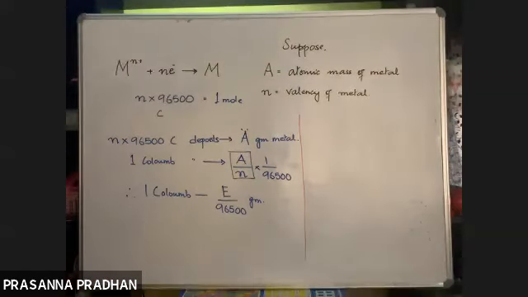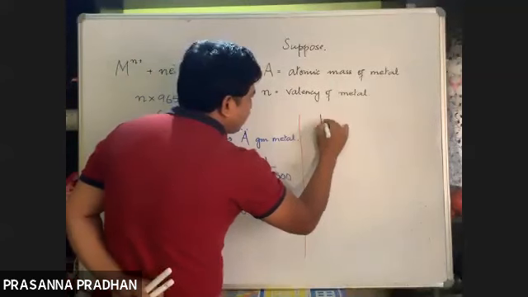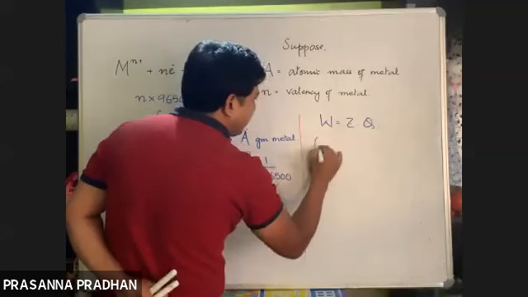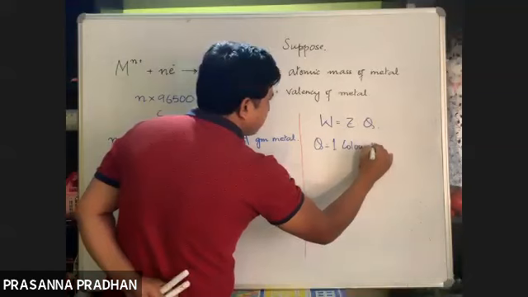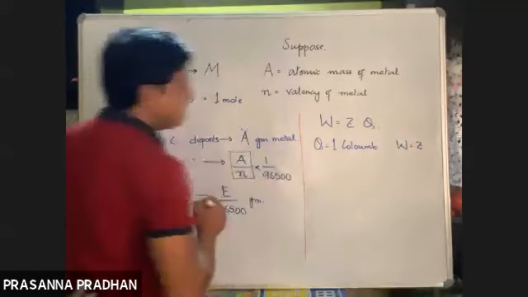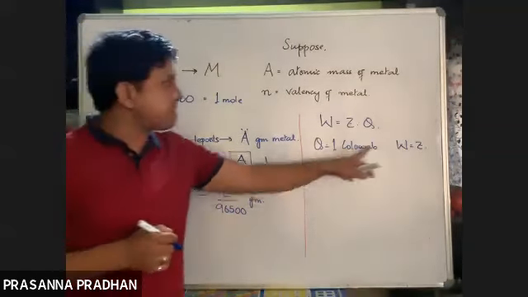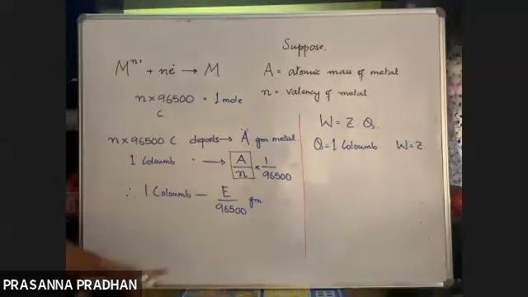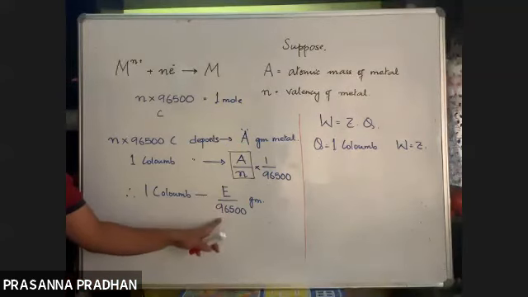This has not been derived in NCERT. Now see, according to Faraday's first law, W was equal to Z into Q. When Q was equal to 1 coulomb, W was equal to Z. On passing 1 coulomb of charge, the mass of the substance deposited is Z. Here we have derived that on passing 1 coulomb, the mass deposited is E by 96500.